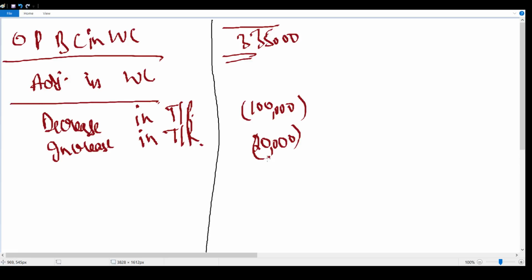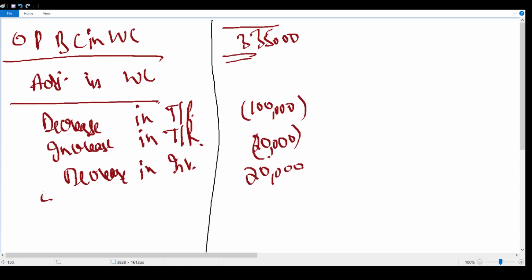Then decrease in inventory, from 3 lakhs to 2,80,000. That comes out to be rupees 20,000. Decrease in inventory.